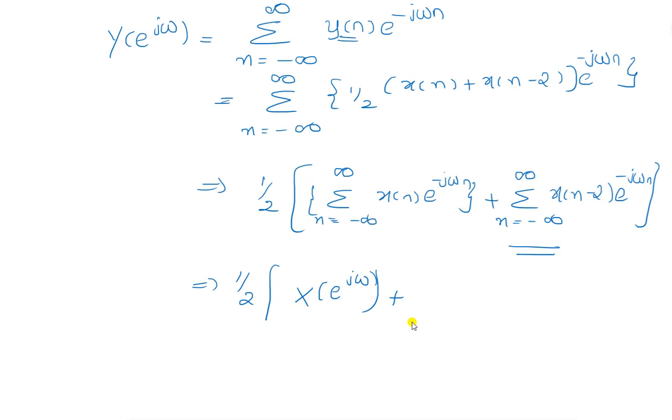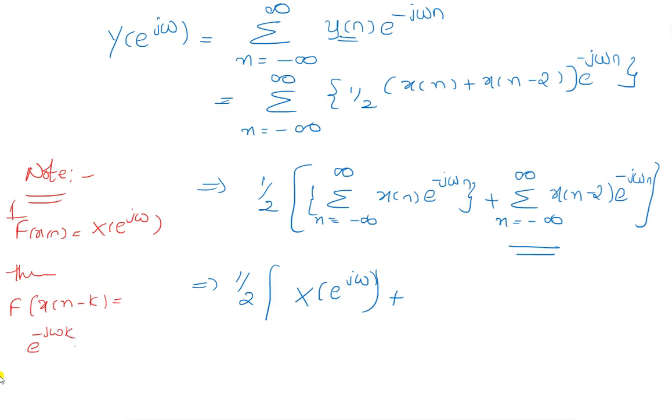We can simplify this given function. Before that, we should know about this. What is the time shifting property? If the discrete Fourier transform of x of n is X of e to the power of j omega, then the discrete Fourier transform of x of n minus k is equivalent to e to the power of minus j omega k into X of e to the power of j omega.